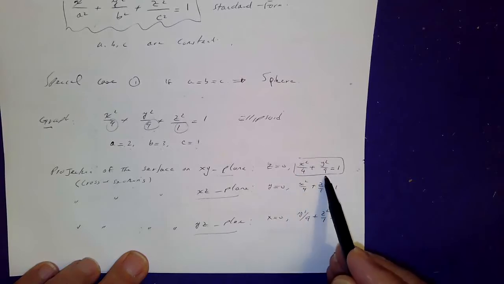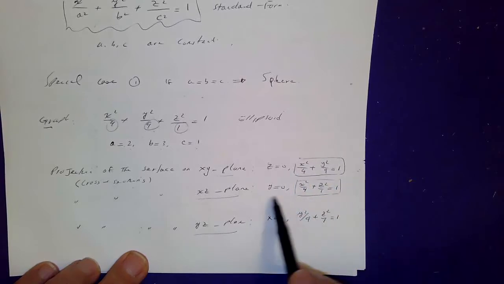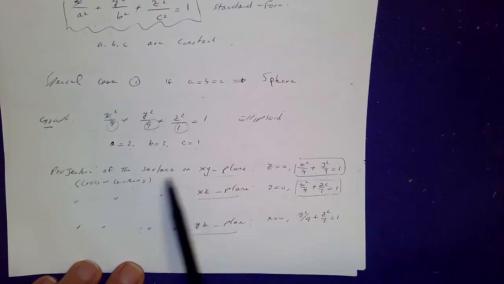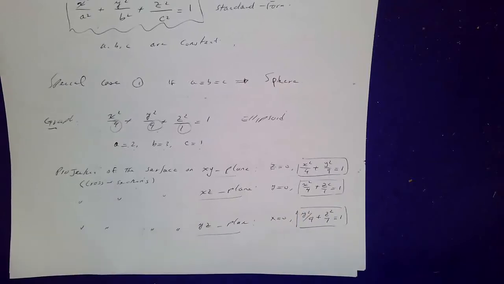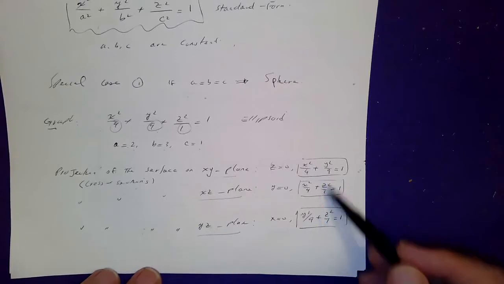So this is an ellipse. And it's also an ellipse when you take the cross section of the surface with the xz plane, and the same thing is true for the yz plane. So in all three cases, we get three ellipses.